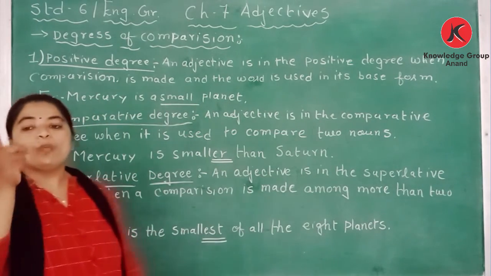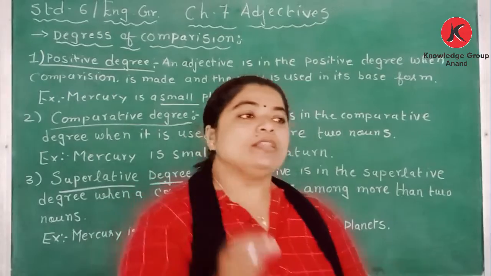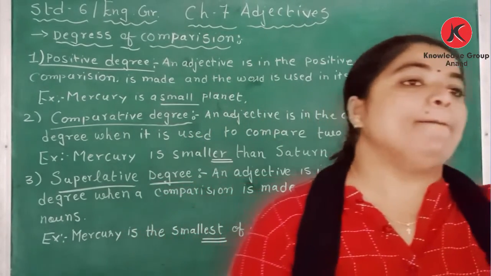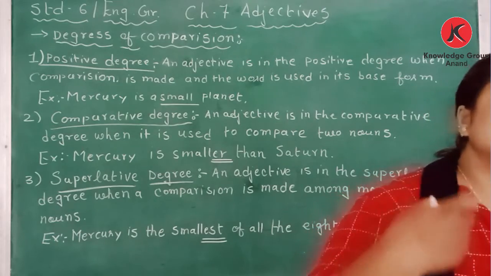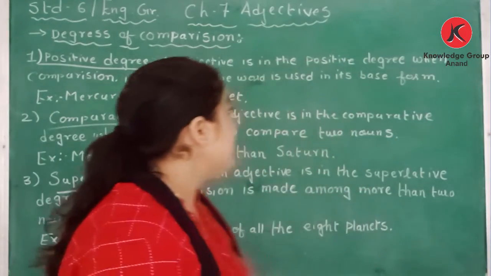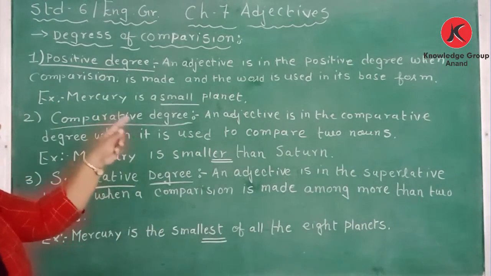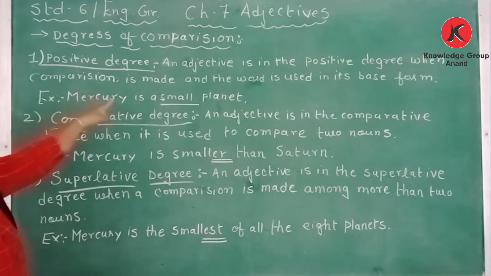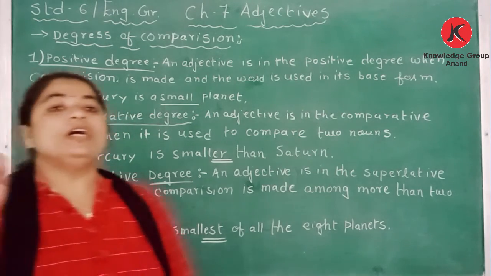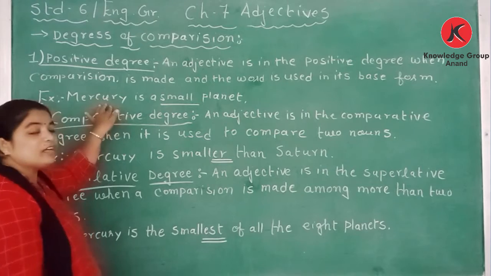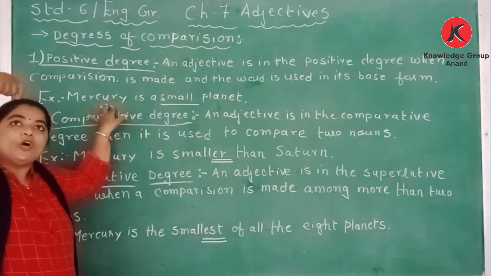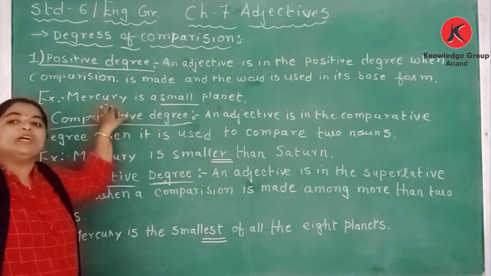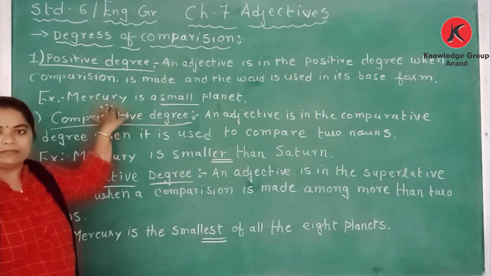So dear students, what is positive degree? In the positive degree, a comparison is made among all, but it is used in the base form. Here we have made the comparison between all the planets. Among all the planets, we know that Mercury is the smallest planet.